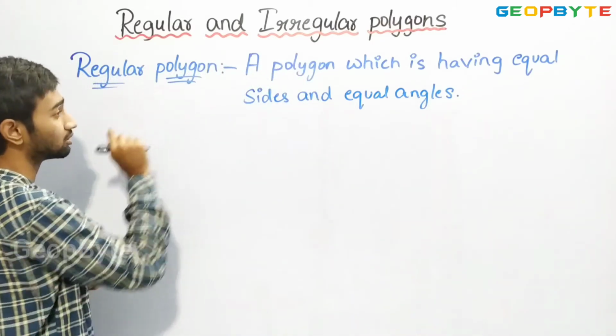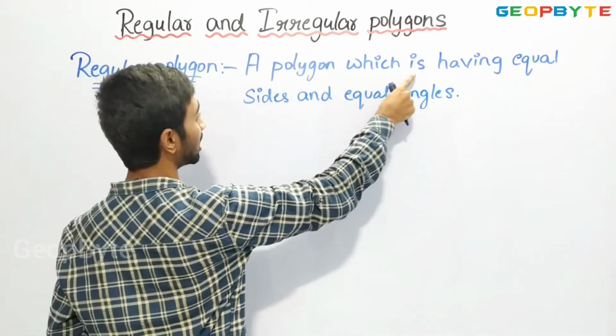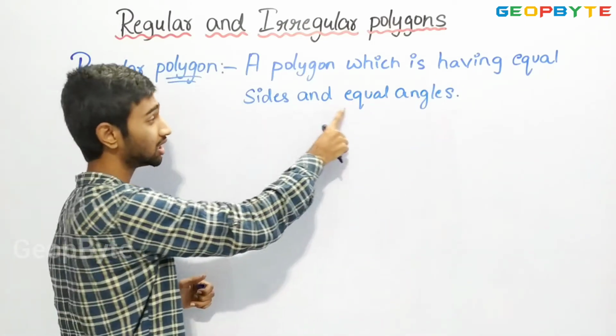So regular polygon means a polygon which is having equal sides and equal angles.